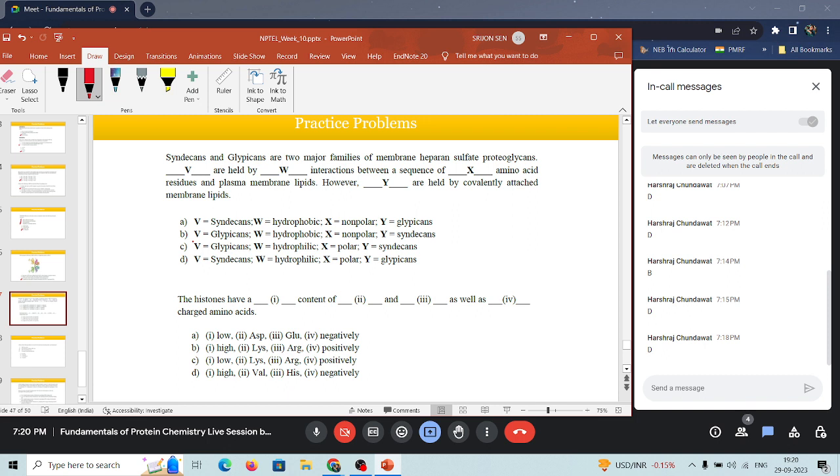However, glypicans or syndecans are held by covalently attached membrane lipids. So two important parts of the family of heparan sulfate proteoglycans.